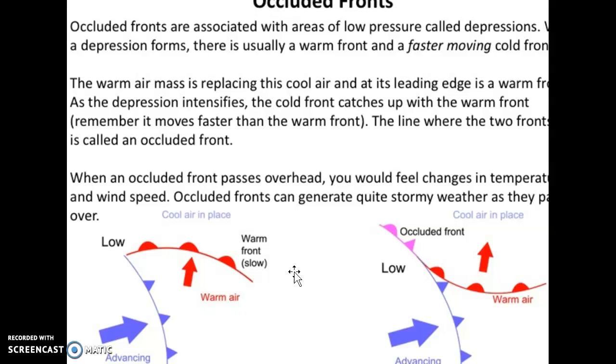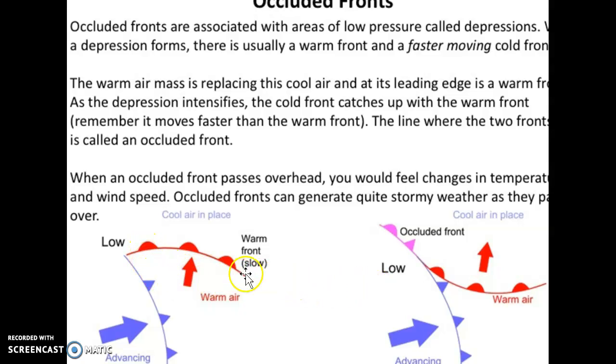So areas of low pressure are usually associated with occluded fronts. The warm air mass is replacing the cool air mass, and the leading edge is a warm front. As the depression intensifies, the cold front catches up with the warm front, and the line where the two fronts meet is called the occluded front.